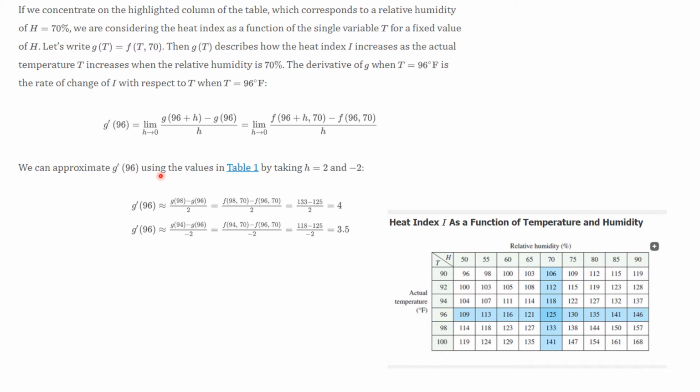So we can approximate G prime of 96 using the values in the table, because we can take h being 2 and h being minus 2. If we go minus 2, we go from 96 down to 94. If we go plus 2, we go up to 98, and we get these numbers. So we can calculate these values of the secant lines, and we'll get 4 and 3.5 respectively.